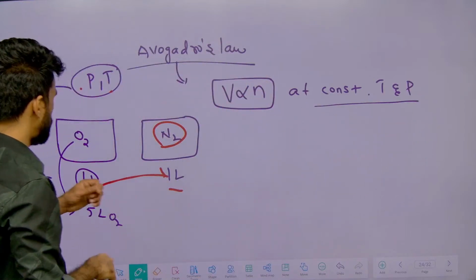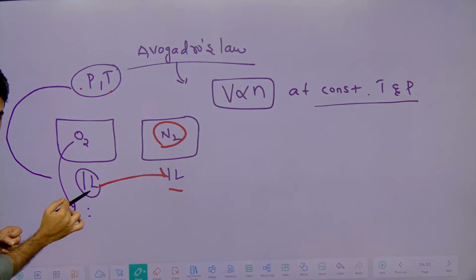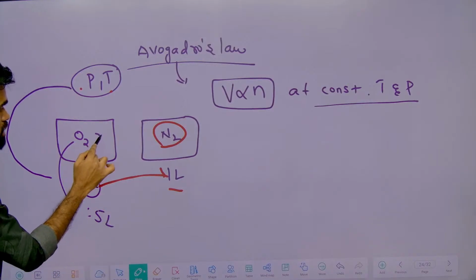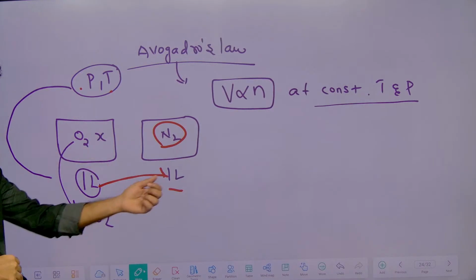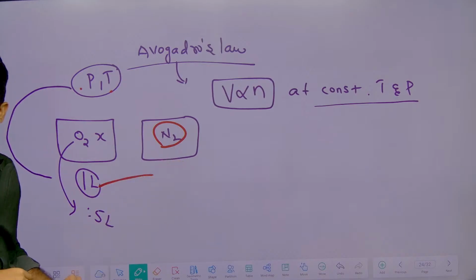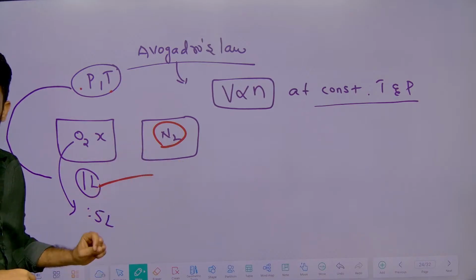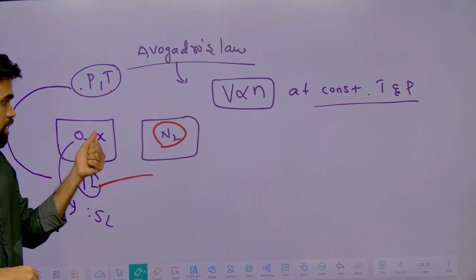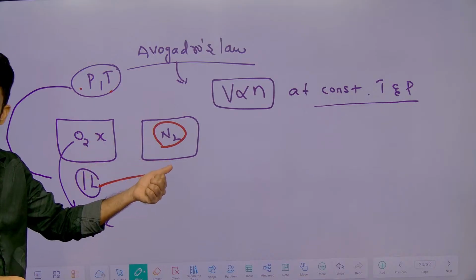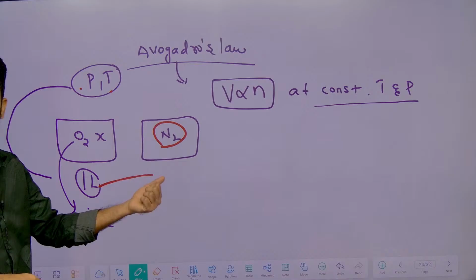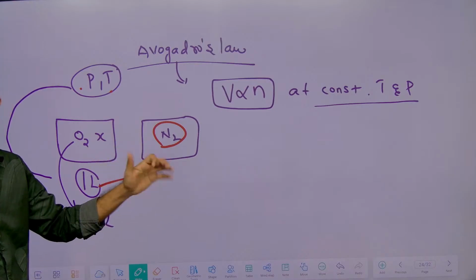For example, here I am taking 5 liters containing X number of O2 molecules. Here also I am taking 5 liters. Then how many molecules of N2 will be there? Here X molecules, here also X molecules. Equal volumes, equal molecules.